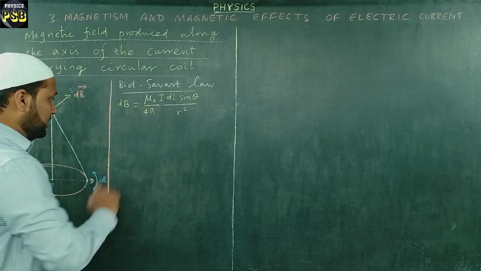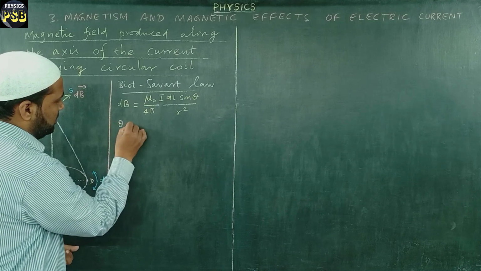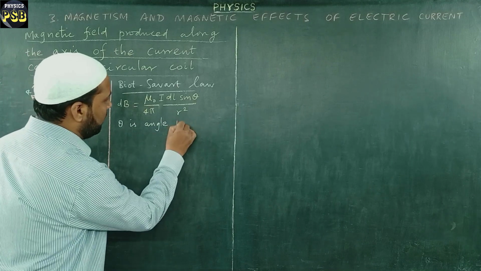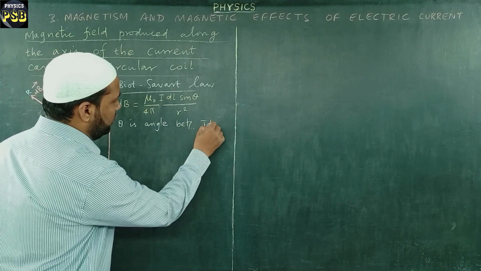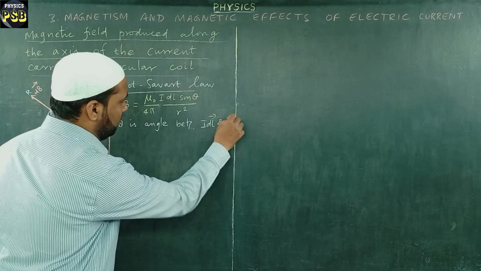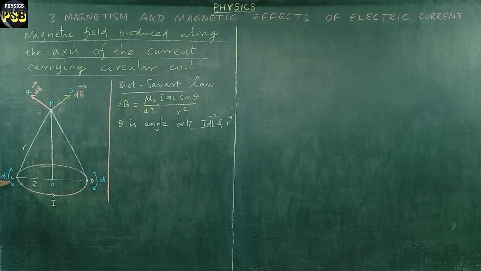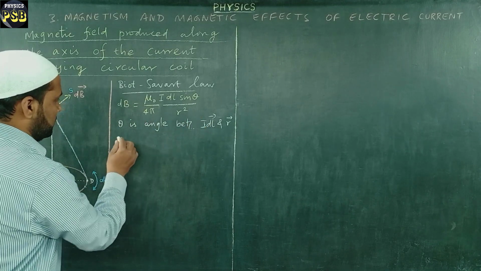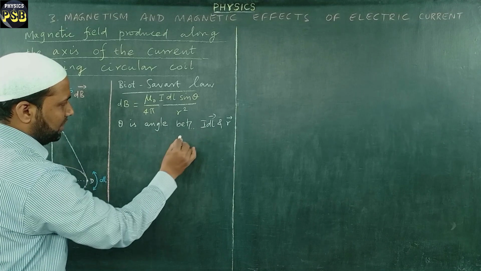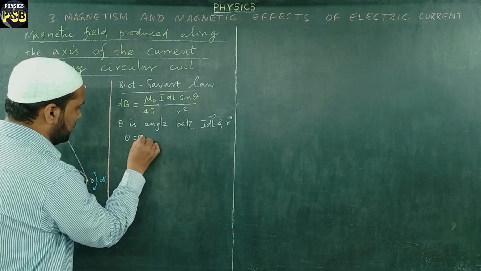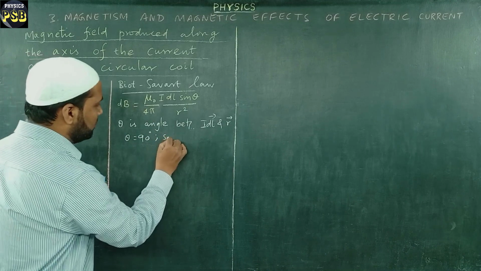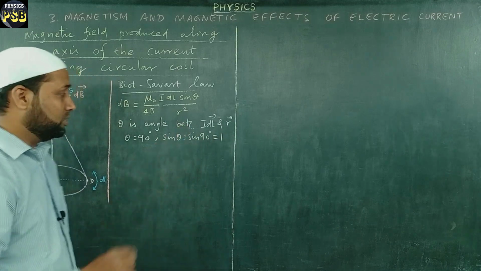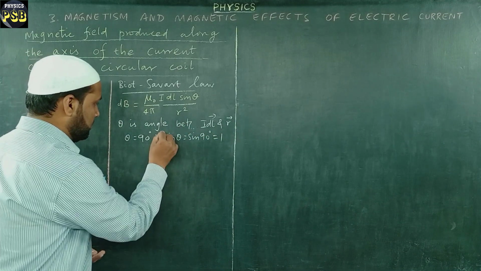Here we have this vector which connects C and P. So here, the angle between IDL vector and R vector is equal to 90 degrees. The sin of theta will become sin of 90, and sin of 90 is equal to 1. This is known to us. I box this.